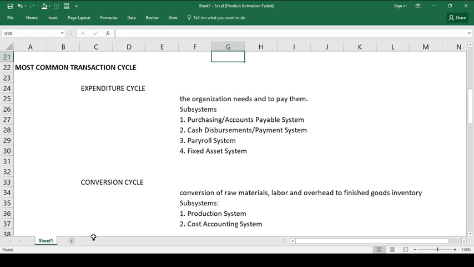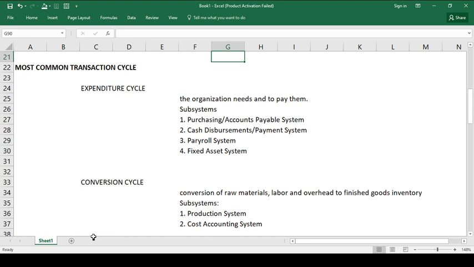Okay, these four subsystems have different ways to follow. Meaning, before you purchase a particular product, what should be done? That's the system. Second, before we actually pay that particular expense, what should be done? So we need to follow that.